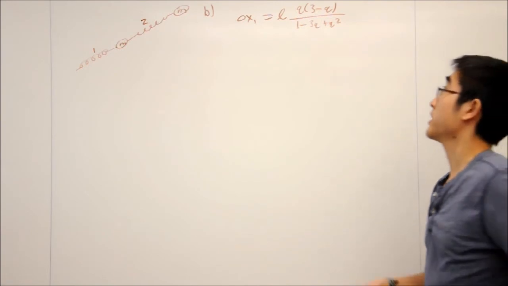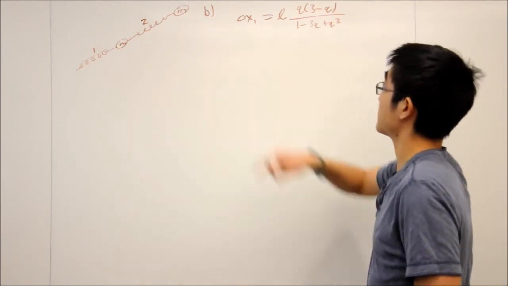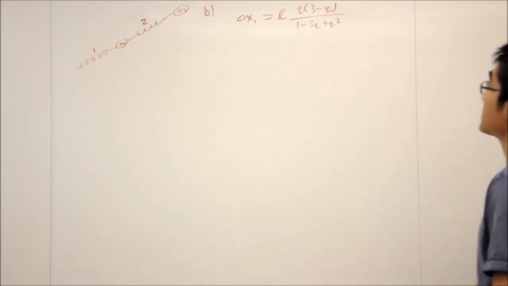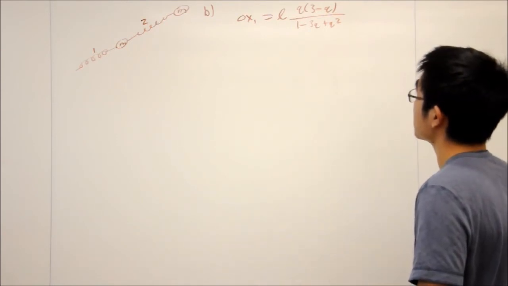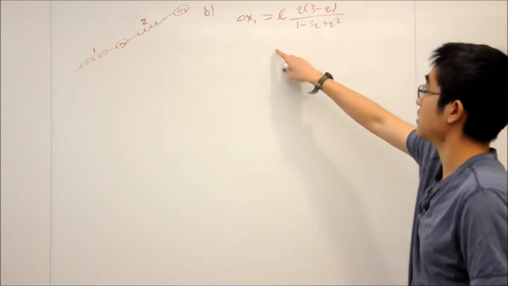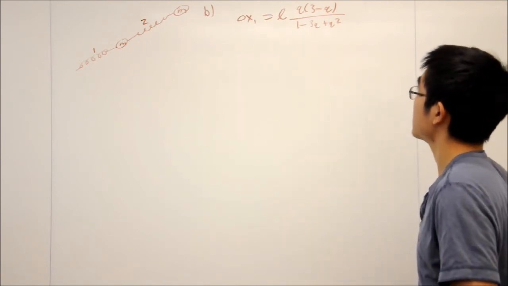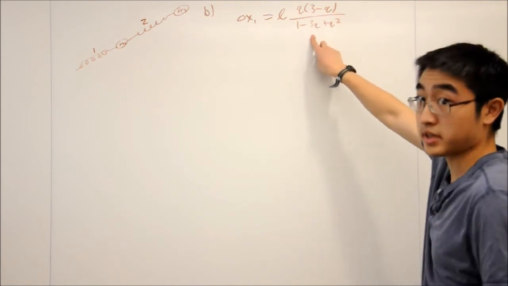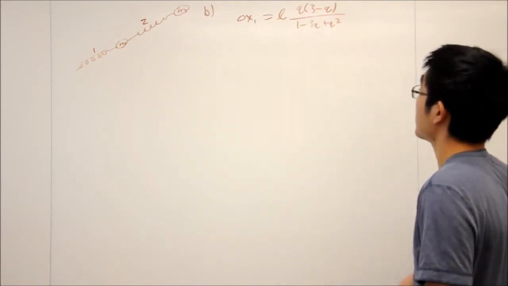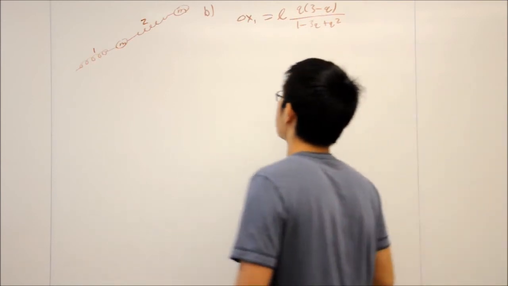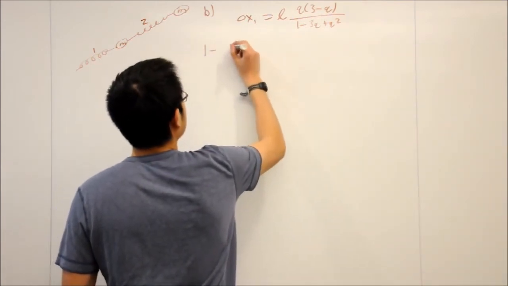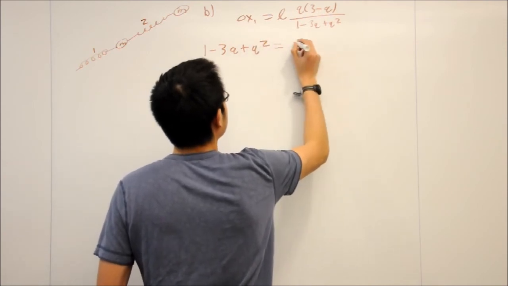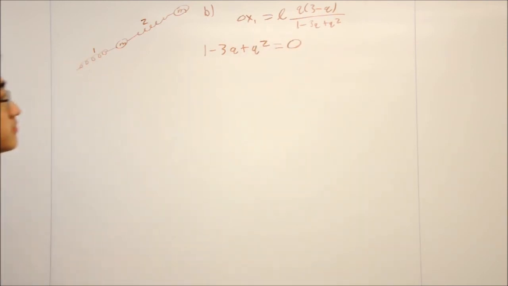So from part A of the problem, we found that delta x1 is equal to L times q times 3 minus q all over 1 minus 3q plus q squared. So in this case, delta x1 diverges when the denominator, 1 minus 3q plus q squared, goes to 0. So we must solve the quadratic equation 1 minus 3q plus q squared is equal to 0.